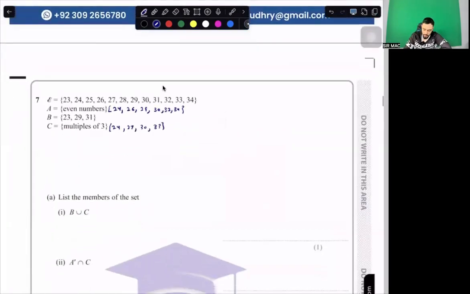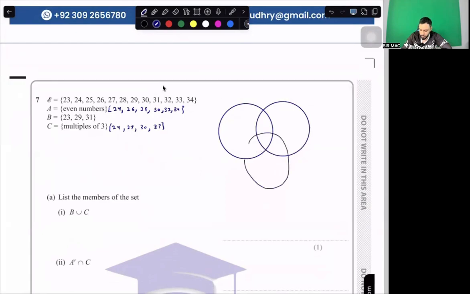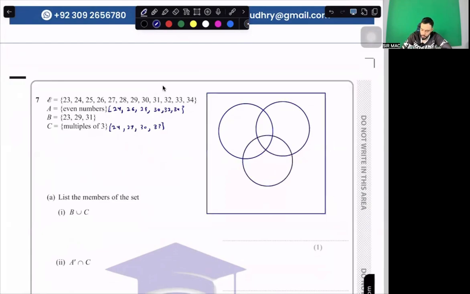Now, if you want to draw a Venn diagram, I personally also draw the Venn diagram. That's what I used to do as well. It reduces the chance of error by a greater extent. Let's call this one A, this one B, this one C. First we'll see what comes in all three.